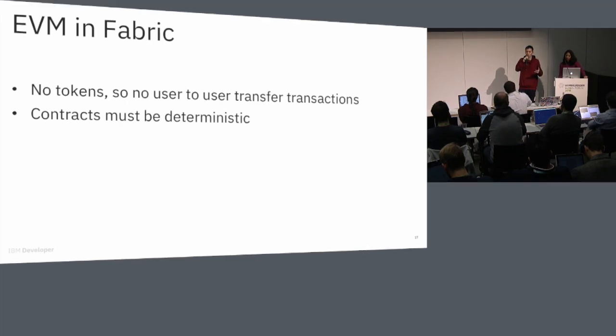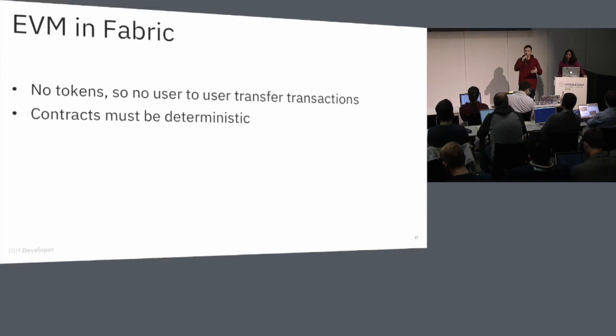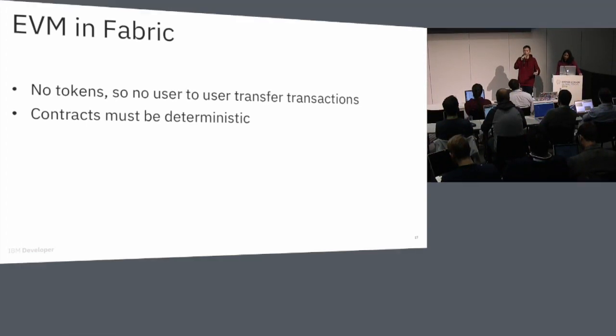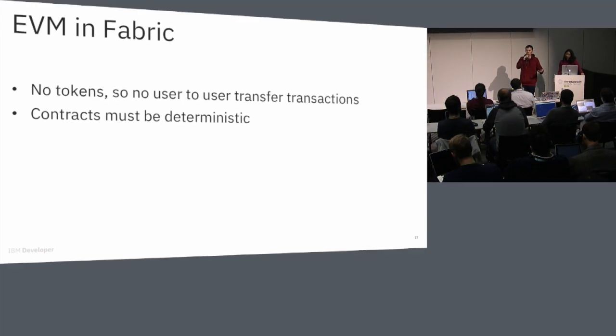They don't really want to program in Go or Java, but they think Solidity, these contract-oriented languages, are more natural to them. We want to provide this developer experience to these people. Either you already have an application in Ethereum and you want to migrate that to Fabric, adding a permission layer to that application, or you are just more familiar with those tools.